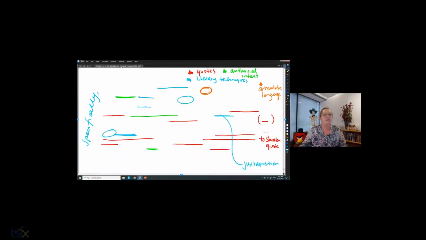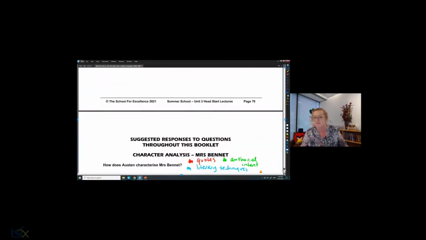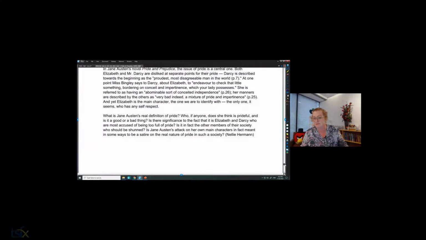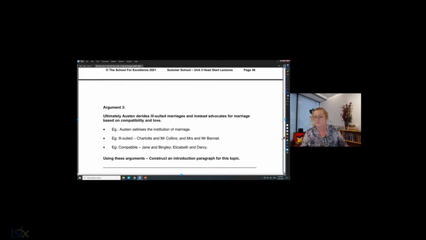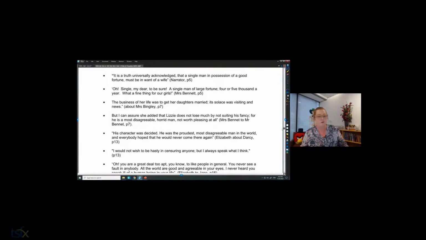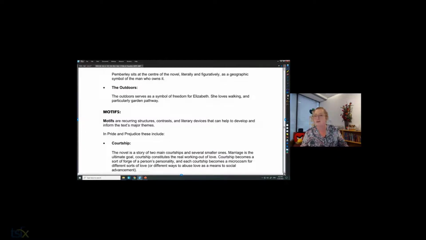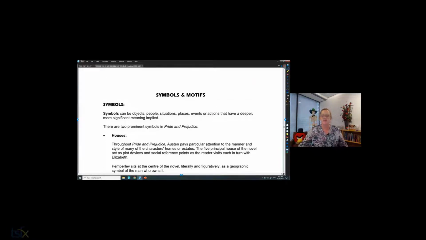So let's have a look at the symbols and motifs, and we're going to page 41. Let's go to page 41, people. Okay, so I'm hoping you understand the difference between a symbol and a motif.